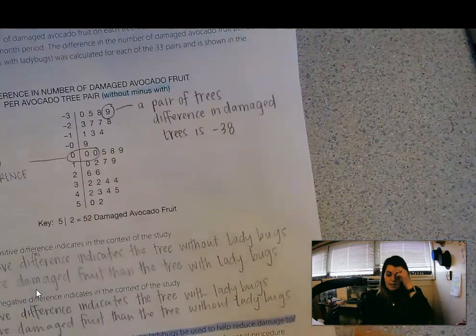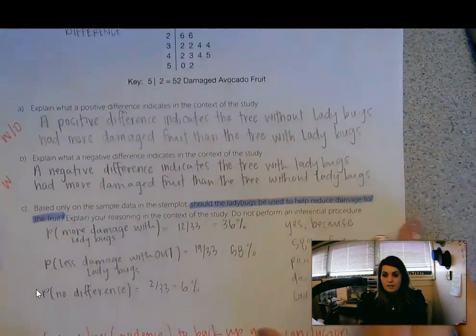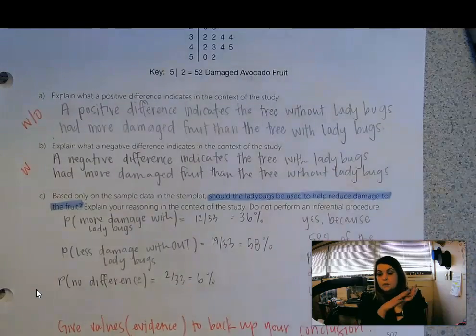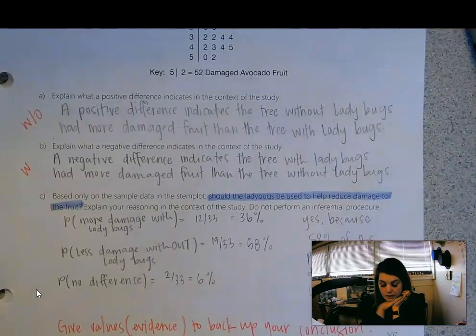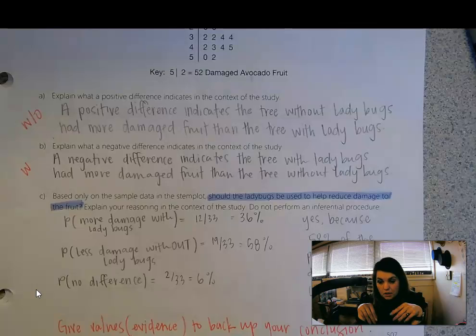So then the last problem I left off because we talked about it in class. I did not write out the answer, but I talked to you about what the positive and negative difference meant. This you truly need to understand because it's about the practice of getting your brain to really think through these complicated problems.